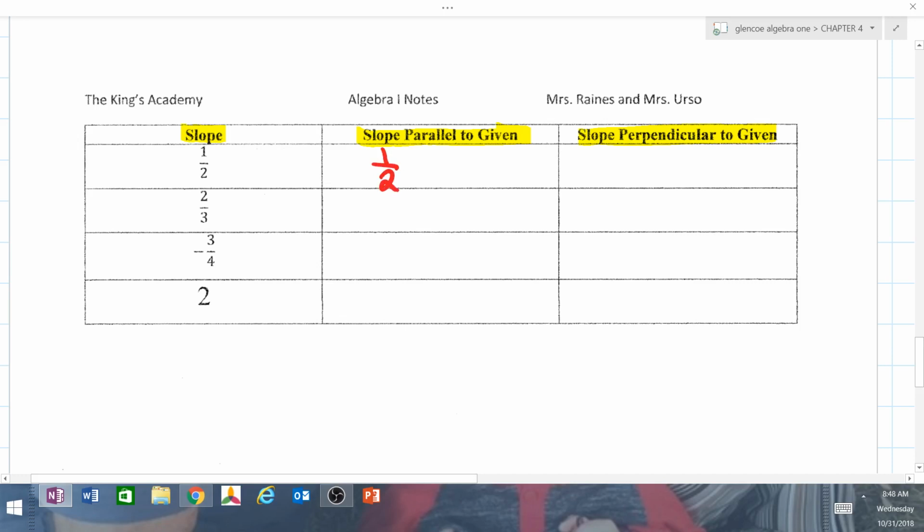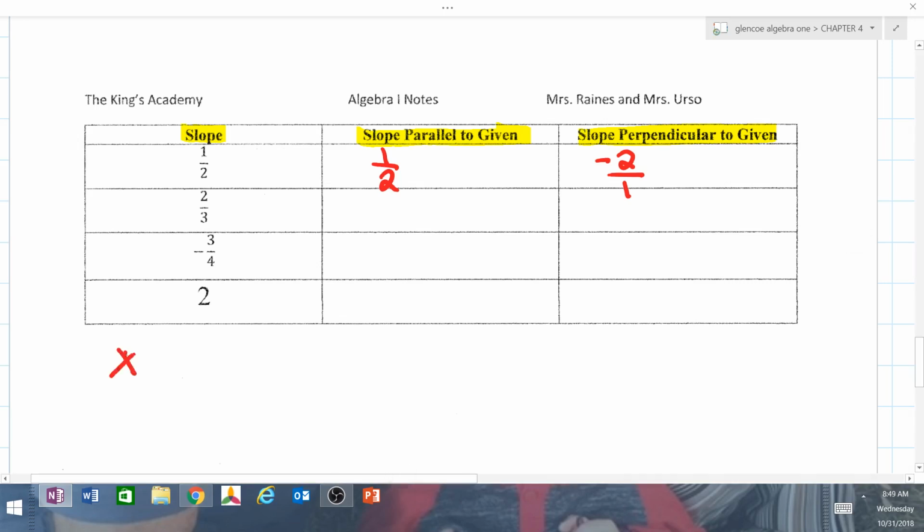A line that is perpendicular to the slope of 1/2, its slope would be what, guys? -2/1. Slope of perpendicular lines are negative or opposite reciprocals. Remember what I had up there. So you flip it and change the sign.